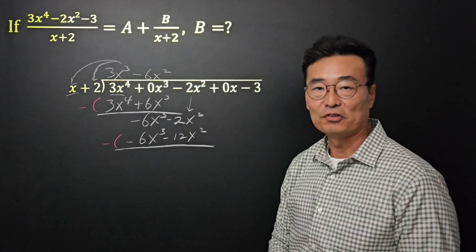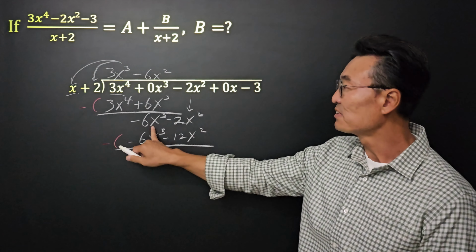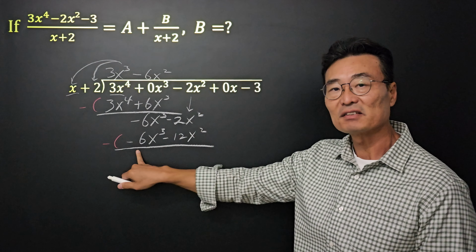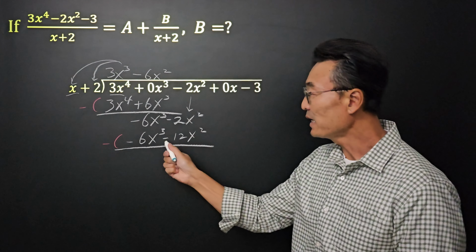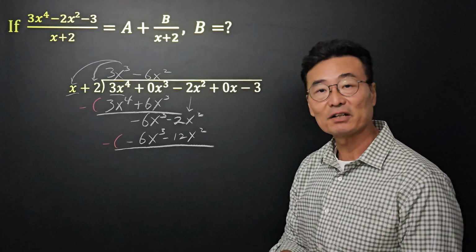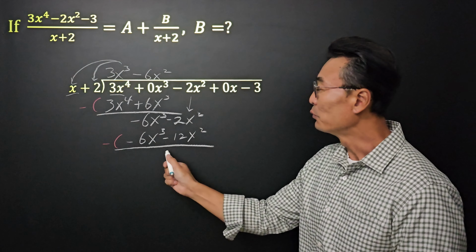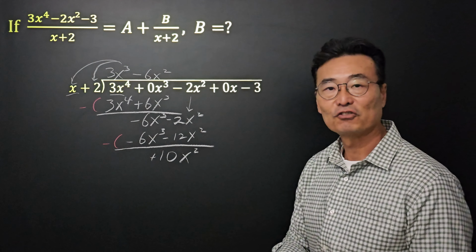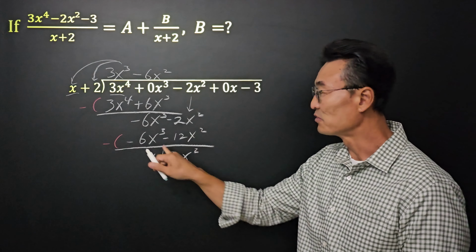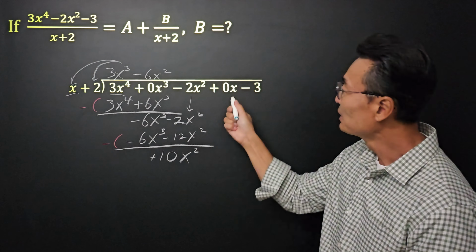Keep in mind, we're subtracting, so that negative 6x cubed minus the negative 6x cubed cancels out. And then we have negative 2x squared minus the negative 12x squared. This is where you have to be careful. We end up getting a positive 10x squared since we're subtracting, and this turns into a plus 12.